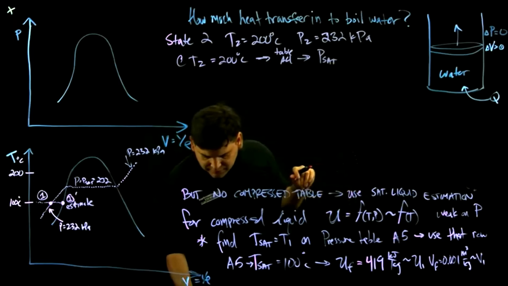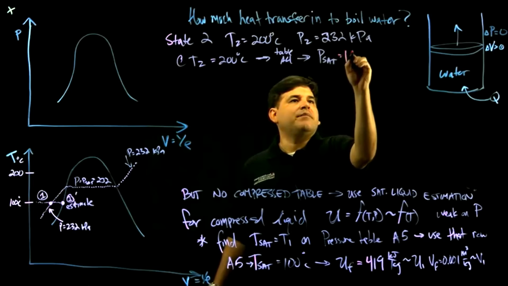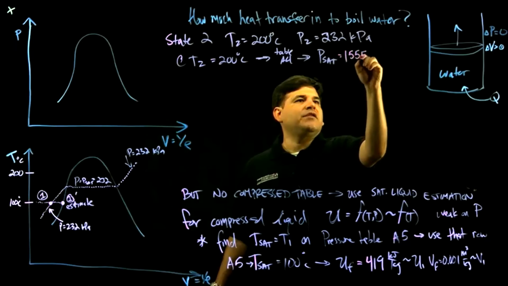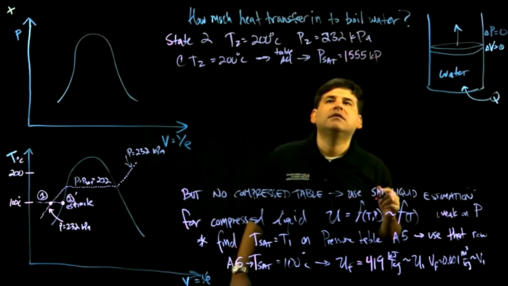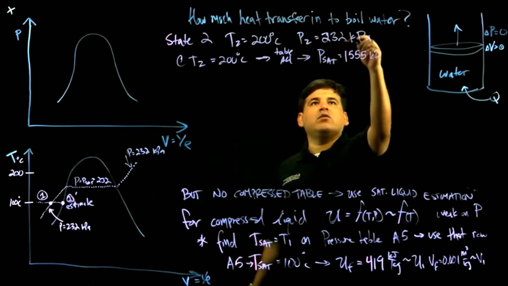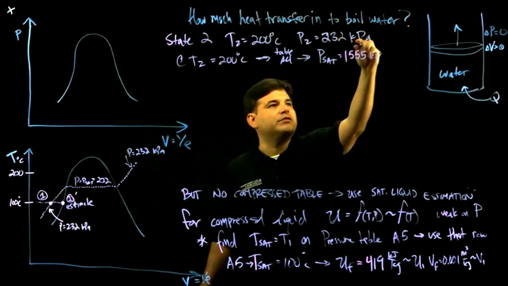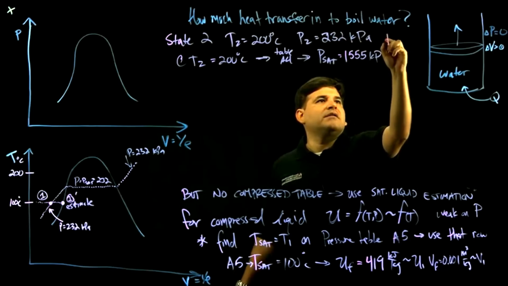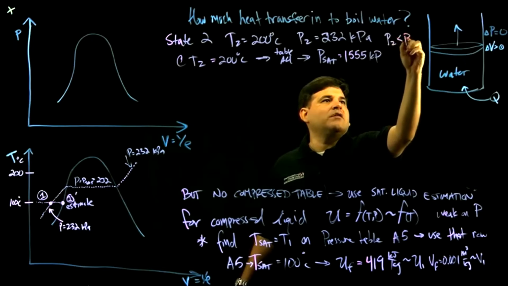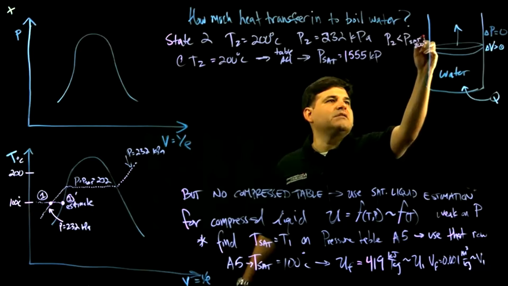And if we look that up, we would see that Psat is 1555 kPa. So what that tells us is that definitely we're not saturated, because 1555 does not equal 232. And in fact, P2 is smaller than Psat at 200 Celsius.